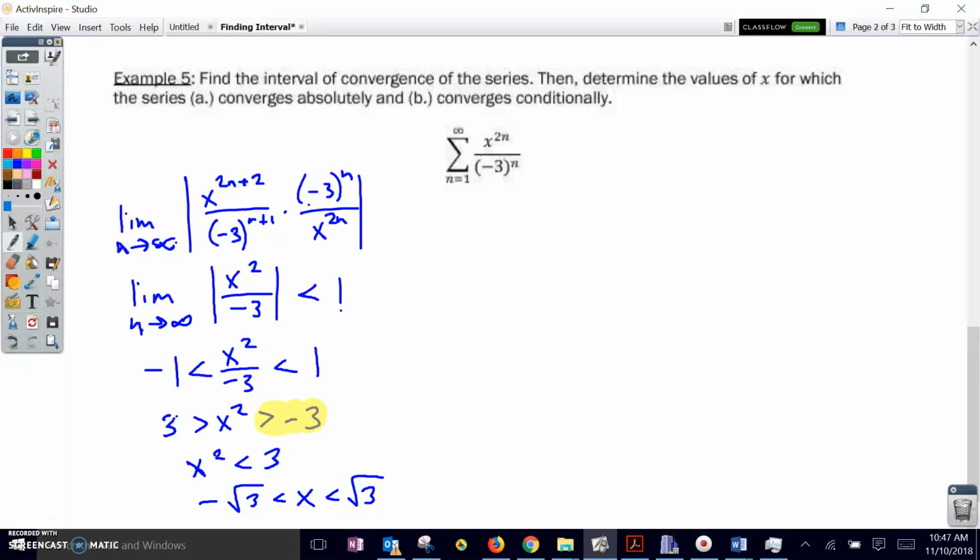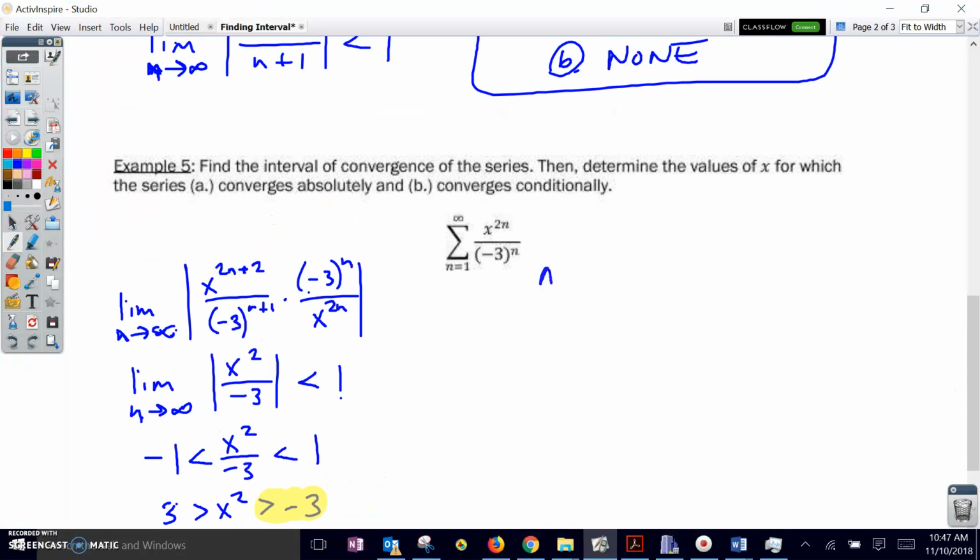Now we need to test this at the endpoints. All right. So at x equals negative square root of 3, and at x equals positive square root of 3. So if we put negative square root of 3 in there, the x to the 2n becomes 3 to the n power.